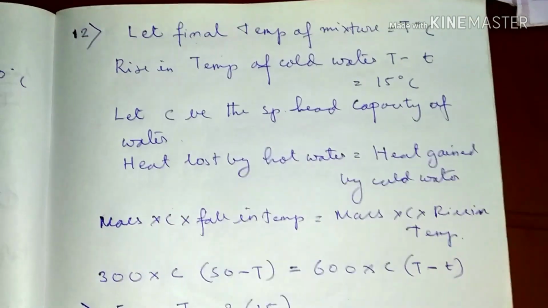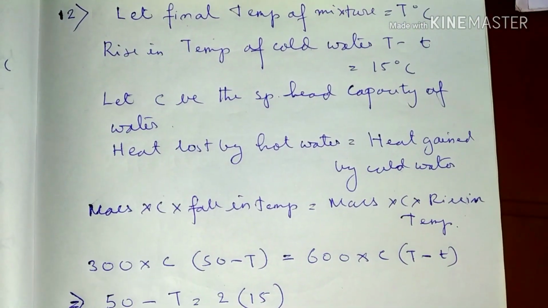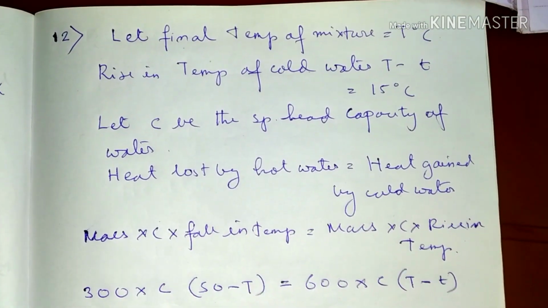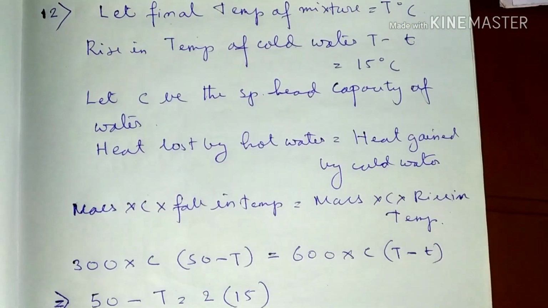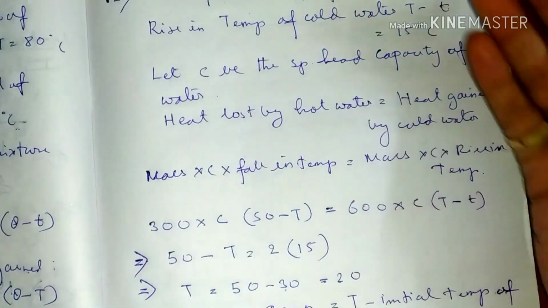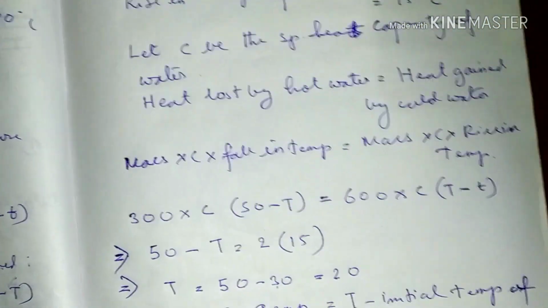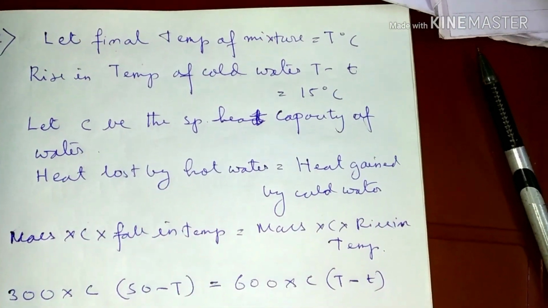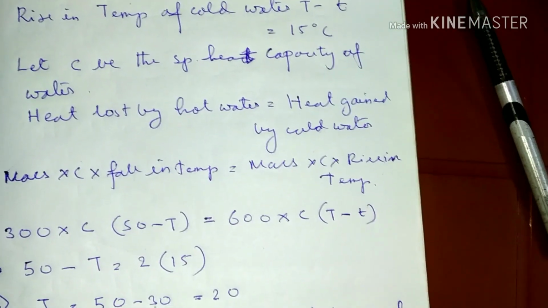Let the final temperature of the mixture be capital T degrees Celsius. Rise in temperature of cold water is equal to capital T minus small t, which is equal to 15 degrees Celsius. Let's see with the specific heat capacity. The heat lost by hot water is equal to the heat gained by cold water.